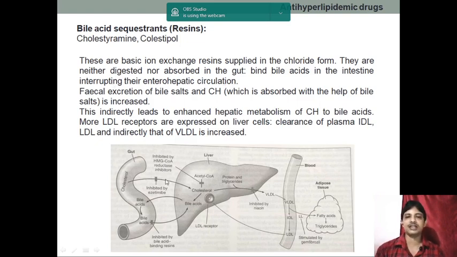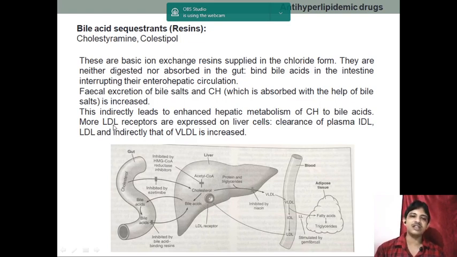Here, if this is the liver, cholesterol is formed, and this cholesterol is also responsible for the synthesis of bile acid. These bile acids enter the gut and are excreted, but a major portion of the bile acid goes back into the liver.